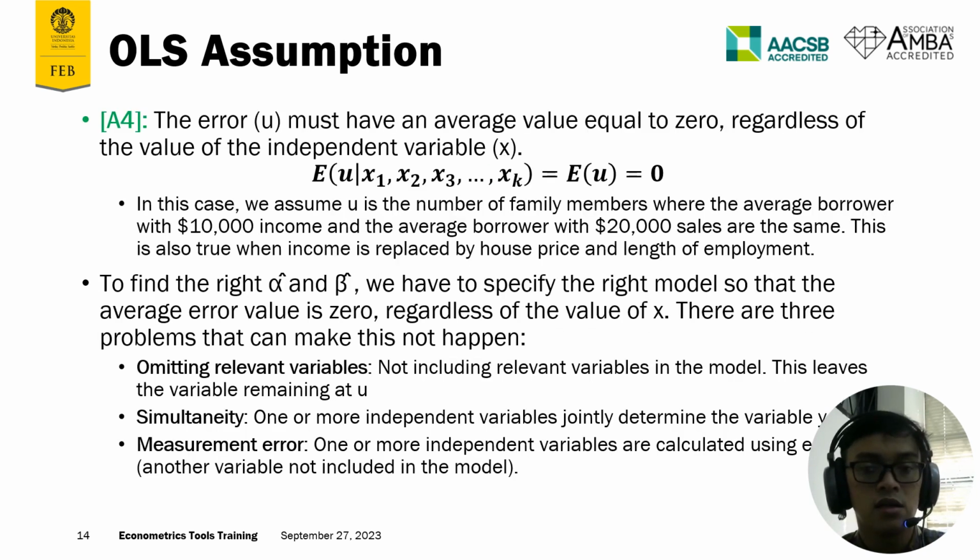And then there is a major distinction between the OLS assumptions of the simple regression and the multivariate assumptions, especially for the fourth assumption, where we need to assume that the error u must have an average value equal to 0.